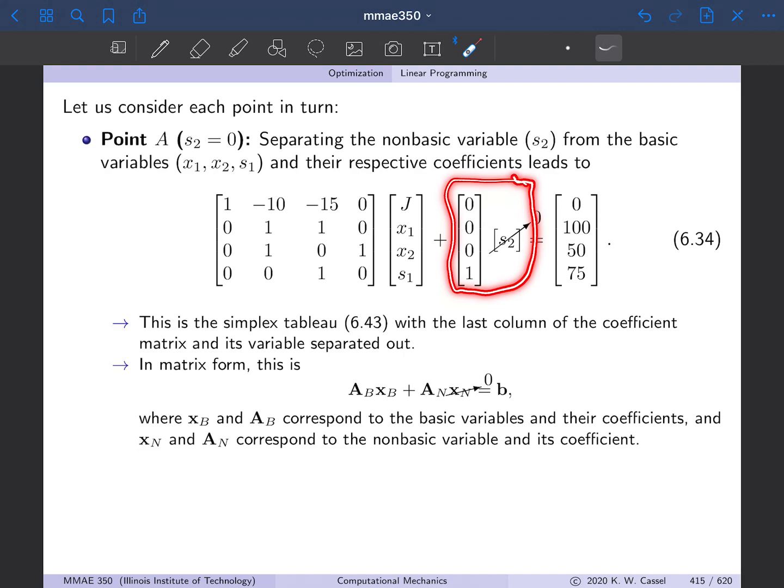So that's the one that's in the non-basic set. So for point A, it's S2 that's equal to 0. So S2 is a non-basic variable, and we're going to pull that and its coefficients out of the rest of the problem, and you'll see exactly what that does for us.